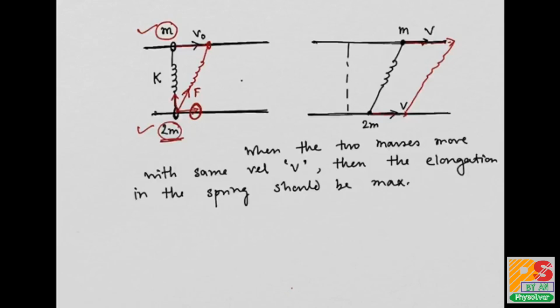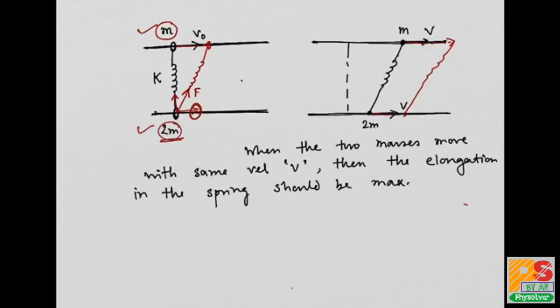So I can say that at that moment the elongation of the spring will not be maximum. Similarly, if velocity of 2m mass is more than velocity of mass m, the elongation of the spring will be reduced, right? So I want maximum elongation in the spring. Therefore in that condition the velocity of the two masses should be equal.